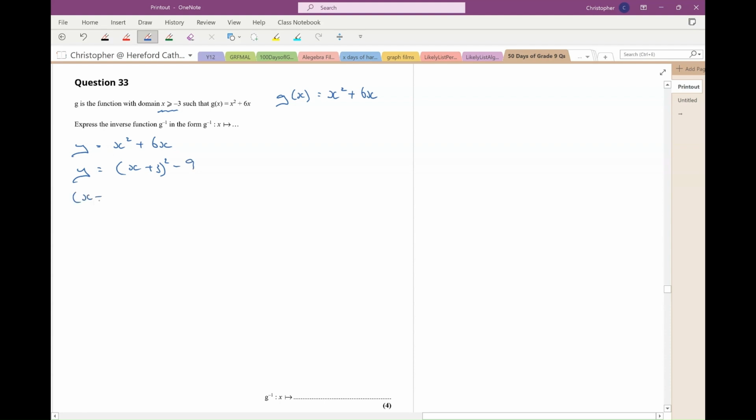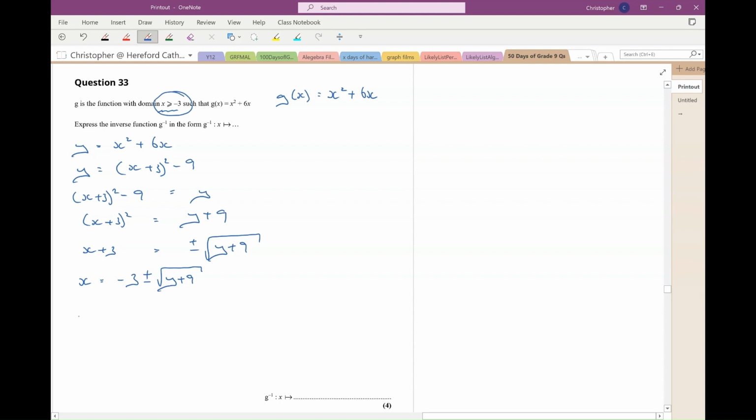So I'm going to have x plus 3 squared minus 9 equals y, and I need to make x the subject. So plus 9 to both sides. Now square root. So x plus 3 is plus or minus the square root of y plus 9. Now subtract 3, so x is minus 3, plus or minus the square root of y plus 9. Now remember that x has to be greater than or equal to minus 3.